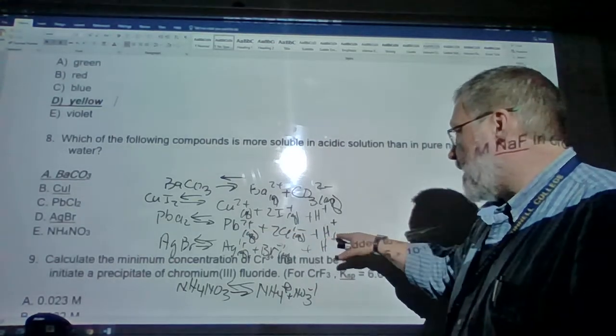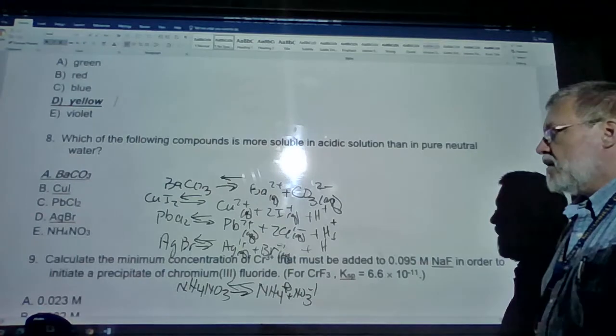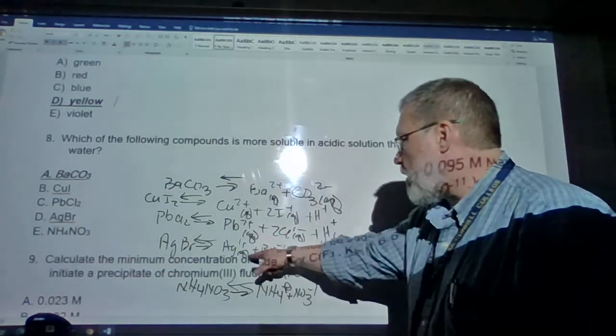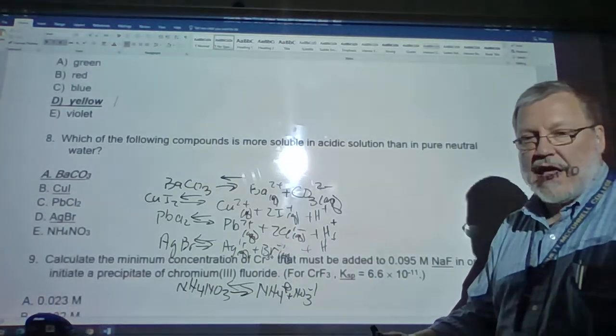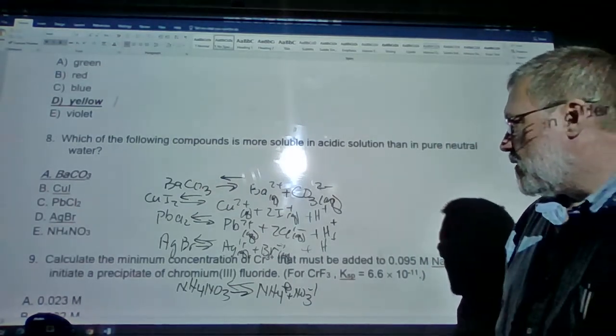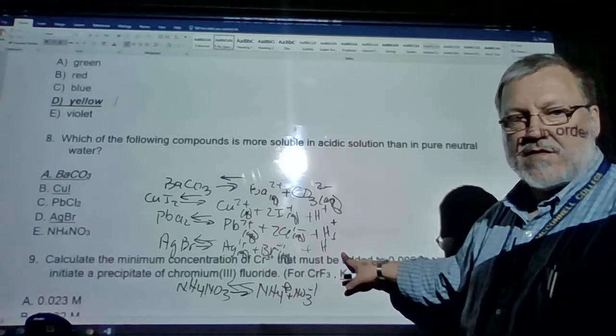The lead cation is not going to react with the H plus, neither is the silver cation. These are all cations. Why is a cation going to react with another cation? You've never seen that. The only thing that could react with the anions present here is H plus.